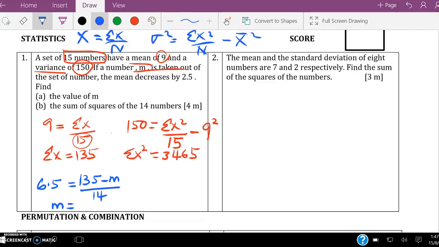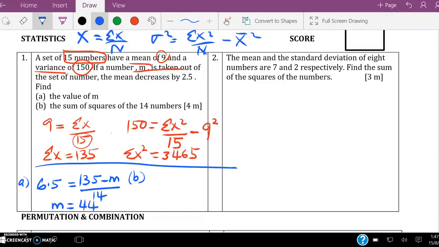M should be 44. So m is 44 for question A.